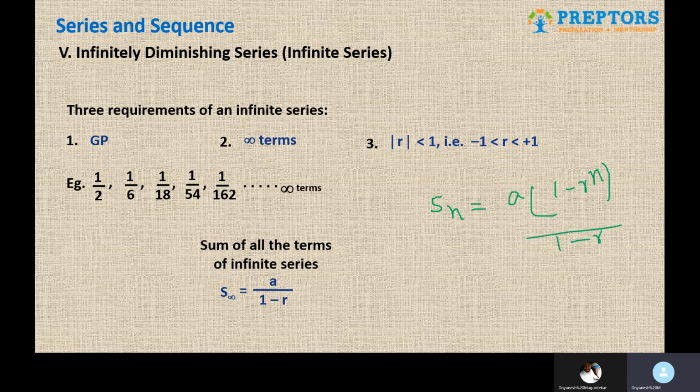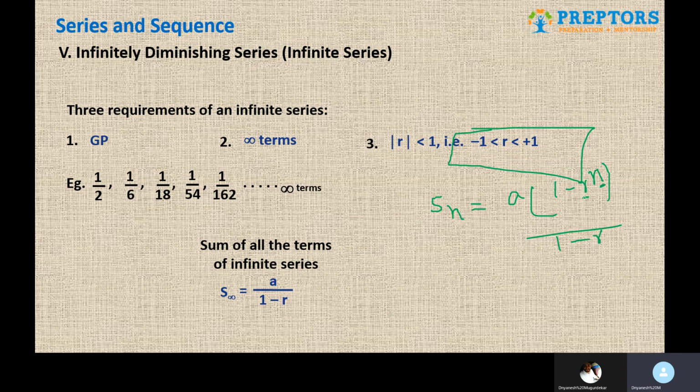This was for GP when r was less than 1, which is in decimals. We already know n is infinity, which is a very high number, and r is in decimal, 0 point something as an example.